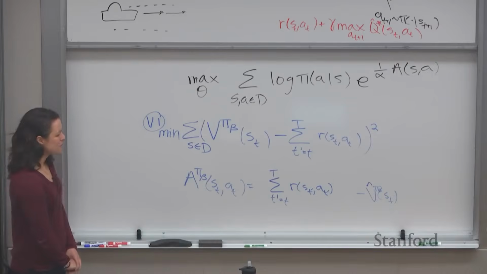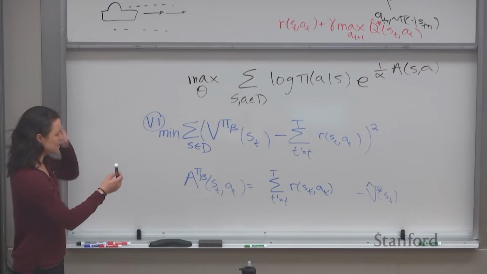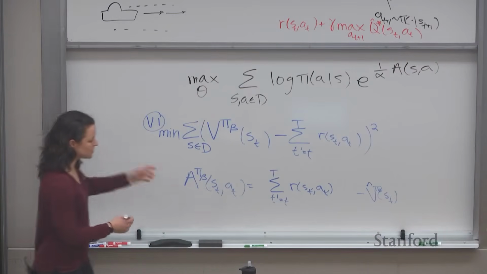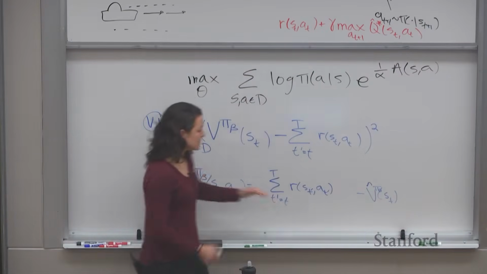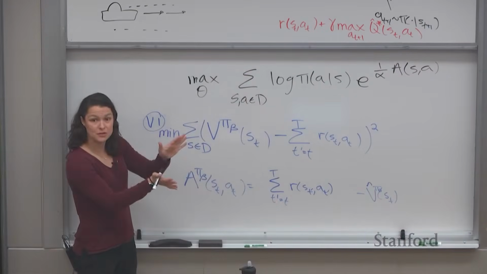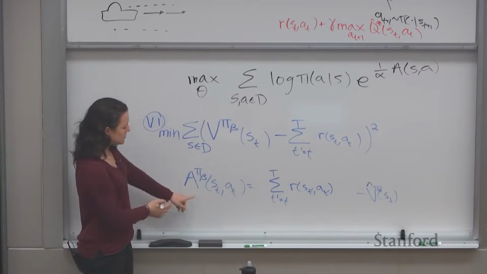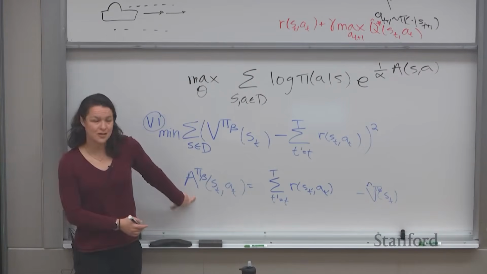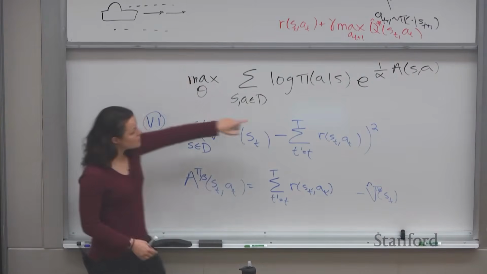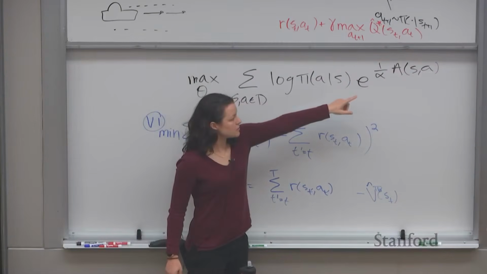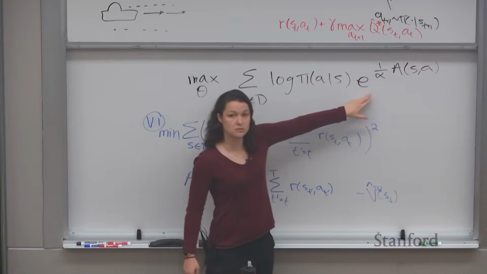So what was said is that if you're always taking the same action, then the sum of rewards will be the same as V, because you don't see any variability in your actions. That means your advantage estimates will all be 0. Then if you plug this into this equation, if all your advantage estimates are 0, then this exponentiated term is going to be 1.